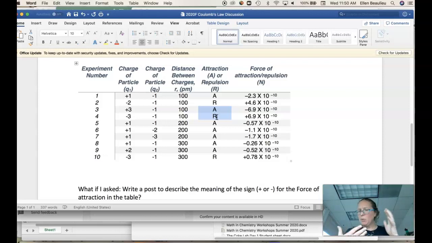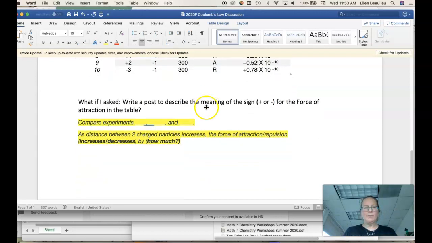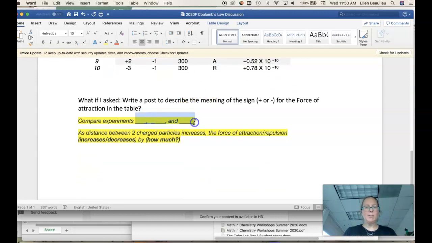So when I'm trying to write a rule that explains this, I'm comparing experiments 3 and 4. Those are the ones that I've picked out to explain. How would I explain it?